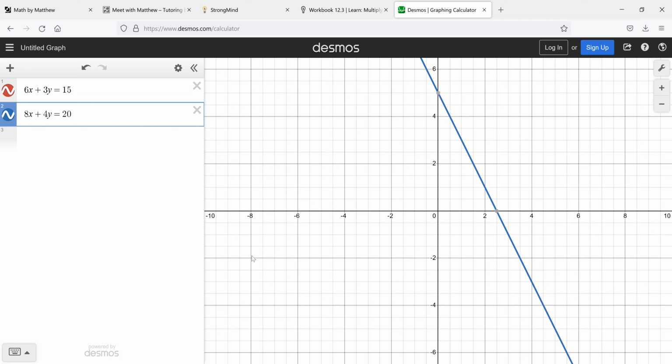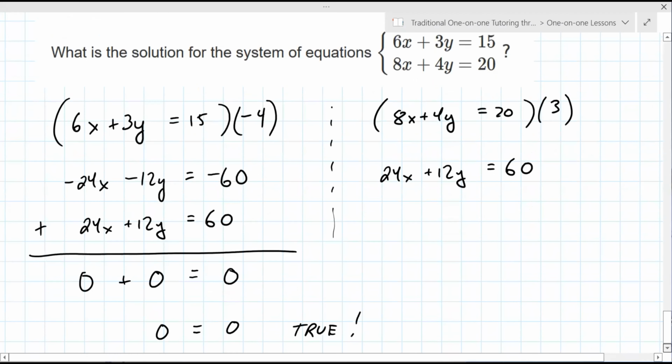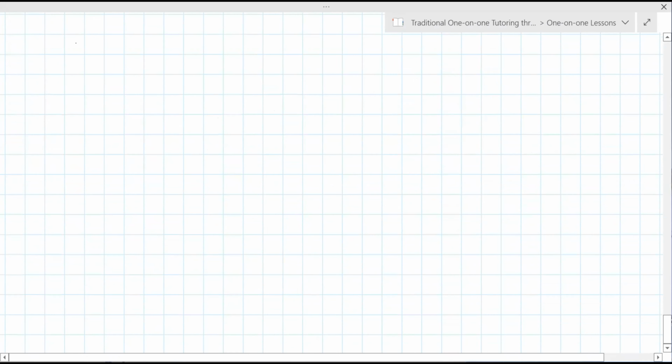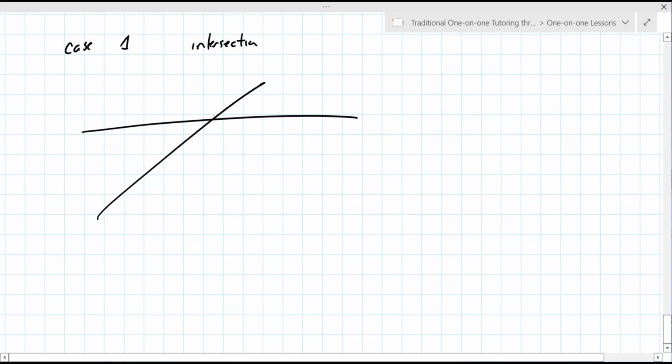Infinite. Yes. So there's like three cases that we can consider. Case one is the best case. This is the intersection. You got two lines and they intersect. Boom, right there. Case two is no solution. We haven't seen that yet.